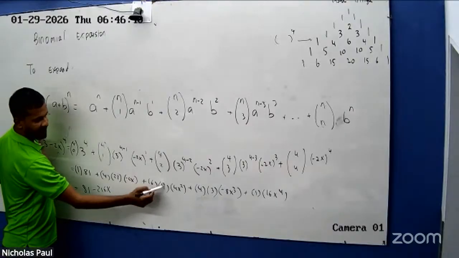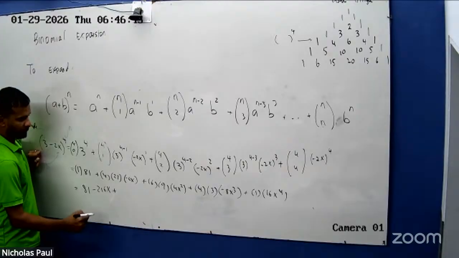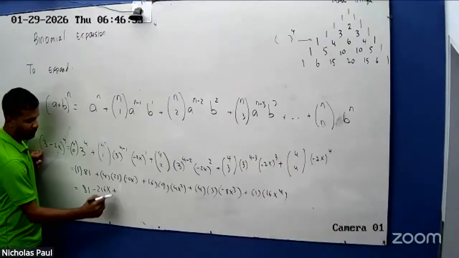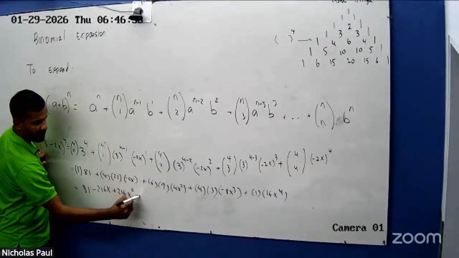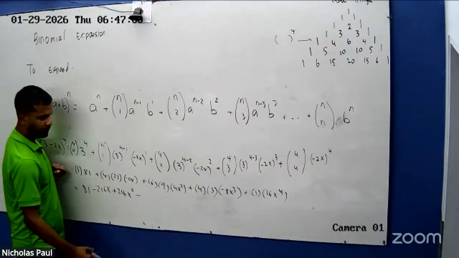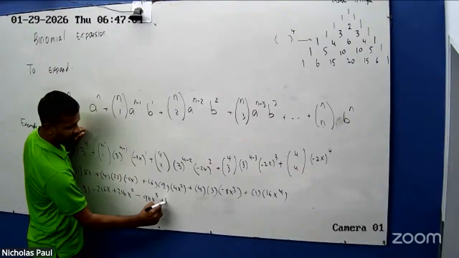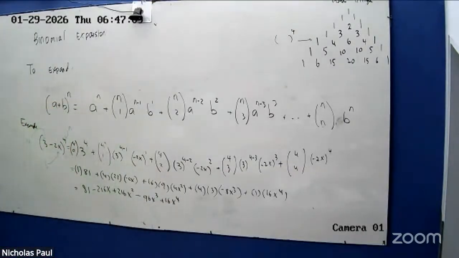It's 4 by 6 by 9, how much? 216x squared. What's the next one? And the last is plus 16. Yes, 16x to the 4. Very good. So that is your final expansion.